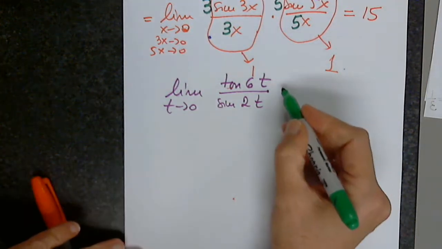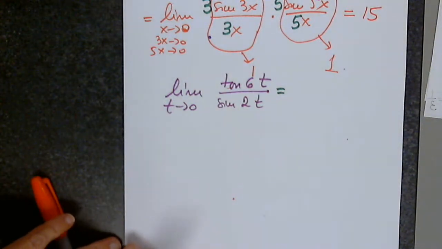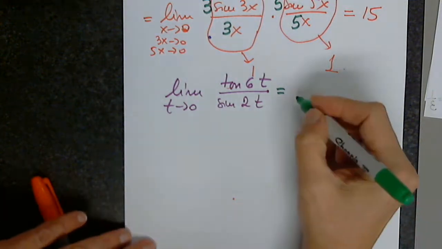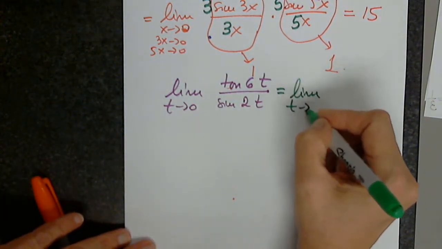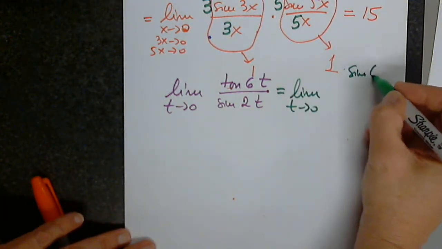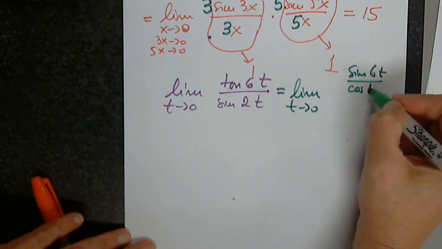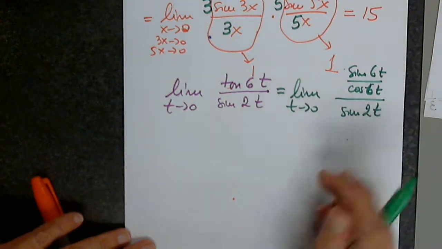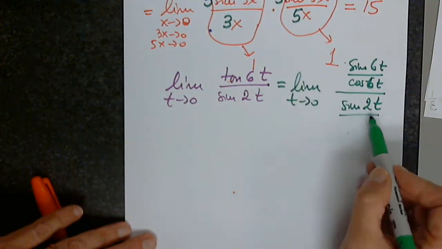What do I get at the top? Let's say we don't know because it's tangent, but I know that this is sine 6t over cosine 6t divided by sine 2t, correct? Sine 2t over 1.